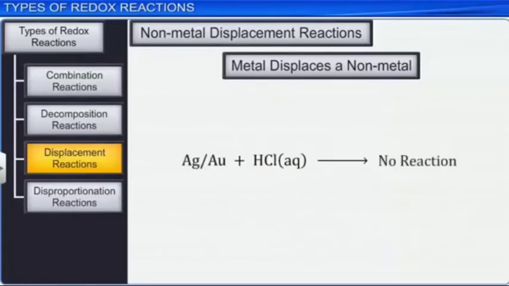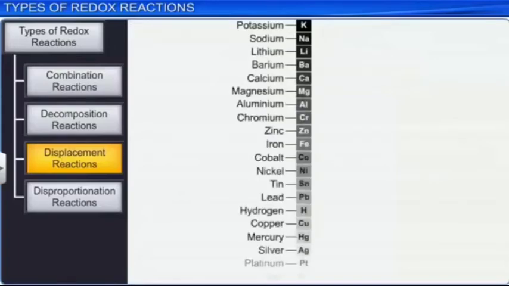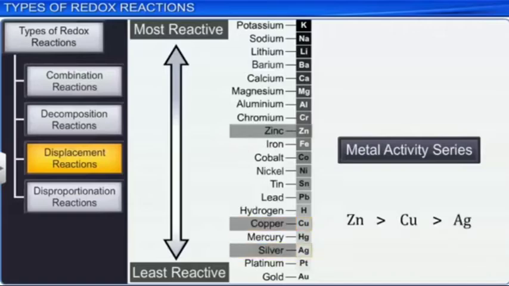Very less reactive metals like silver and gold do not react with hydrochloric acid and hence cannot displace hydrogen. We learnt about the activity series of metals and saw that zinc releases electrons to copper and copper releases electrons to silver. Similarly, halogens also have an activity series.